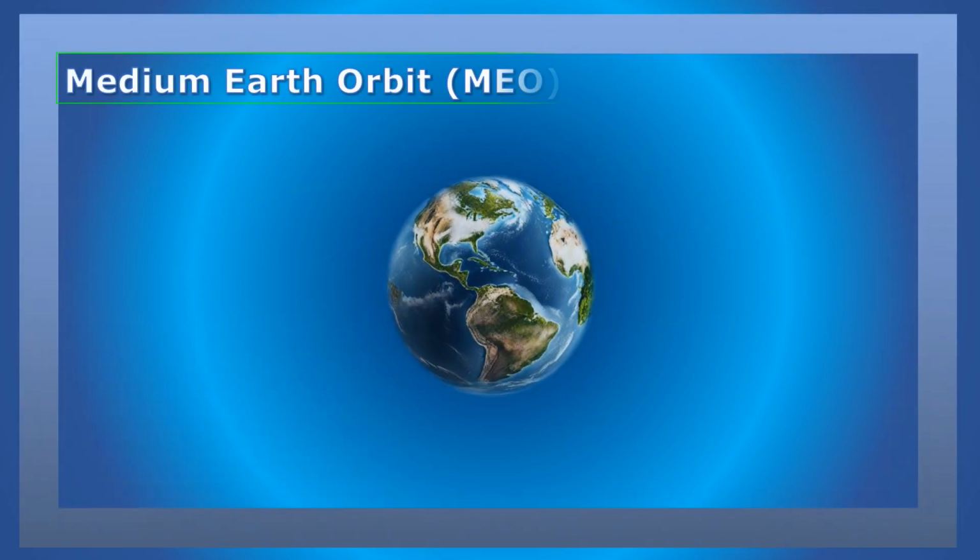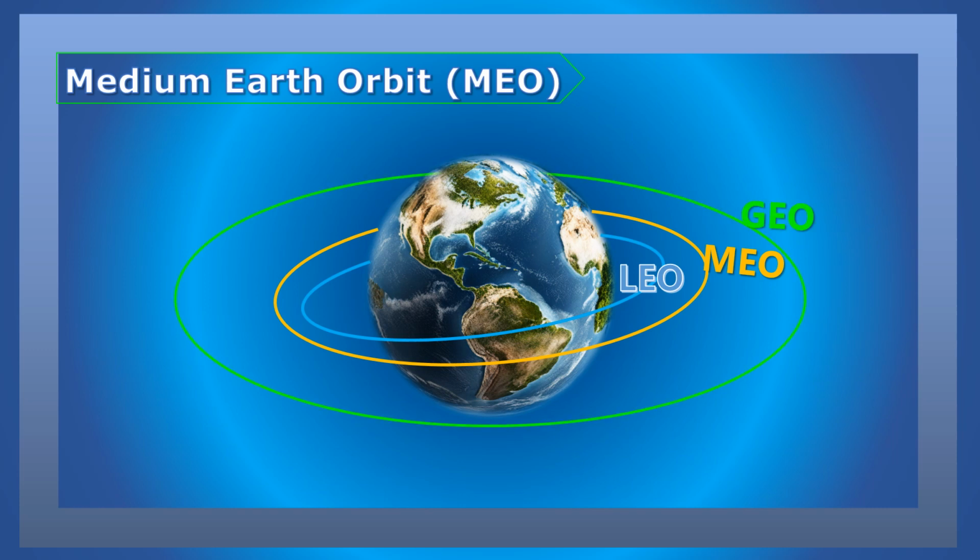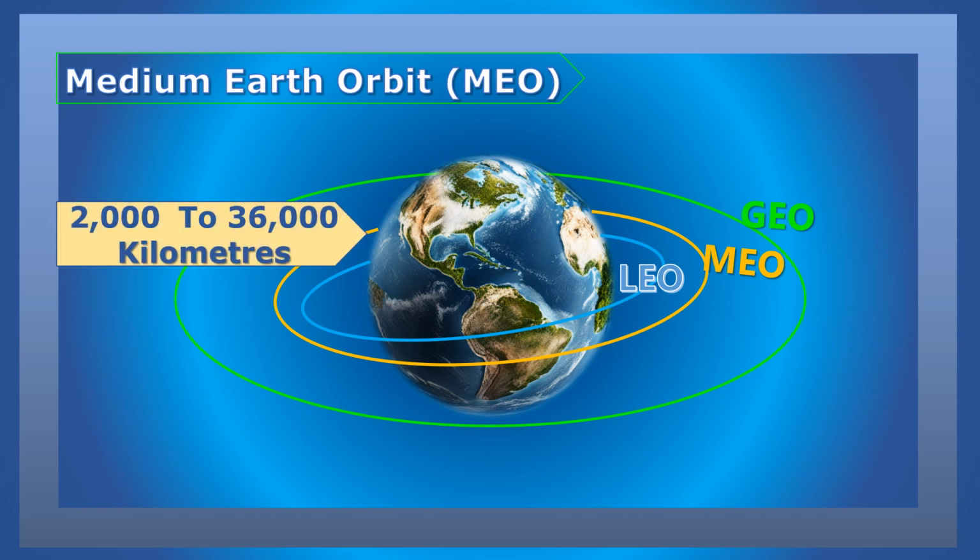Next, medium Earth orbit, MEO, is an orbit type situated between LEO and GEO, typically ranging from around 2,000 to 36,000 kilometers in altitude.